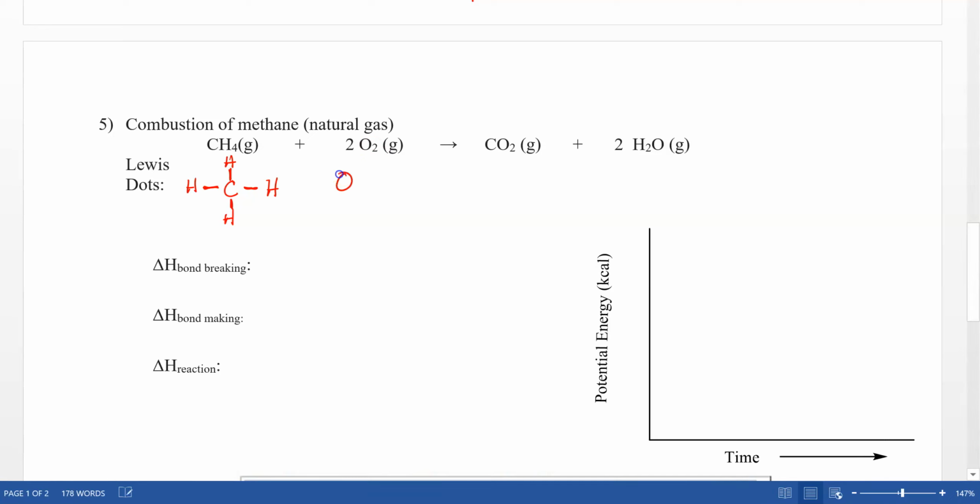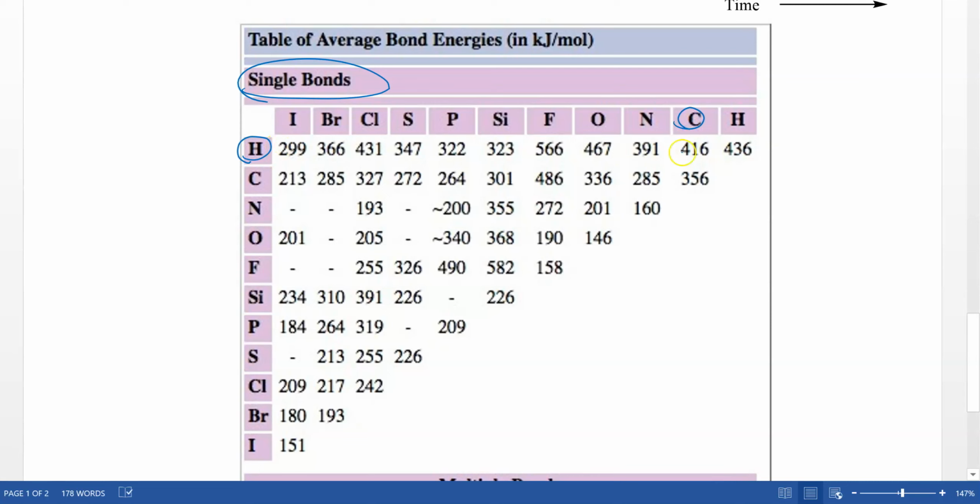This first one is all single bonds, and so we need carbon to hydrogen. You can look here, here's hydrogen, and here's carbon. So the hydrogen and carbon bond is 416. Let's fill that in up top. We're going to need 4 of those that we need to break. So 4 times the 416, and it's going to be endothermic, right?